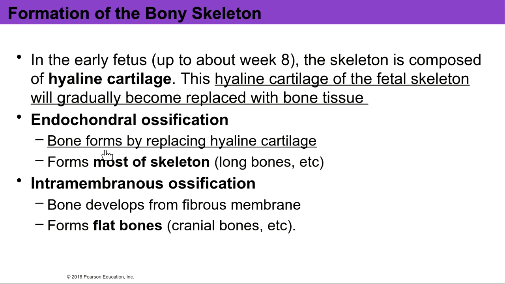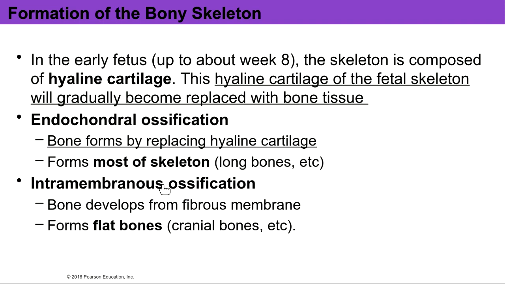We're really going to focus on the first one here because this is what forms most of the skeleton, so the long bones, all right? And again, this endochondral ossification is when you see bone replacing hyaline cartilage. And remember that endochondral ossification is the kind of bone development that we're seeing in long bones, most of the skeleton.